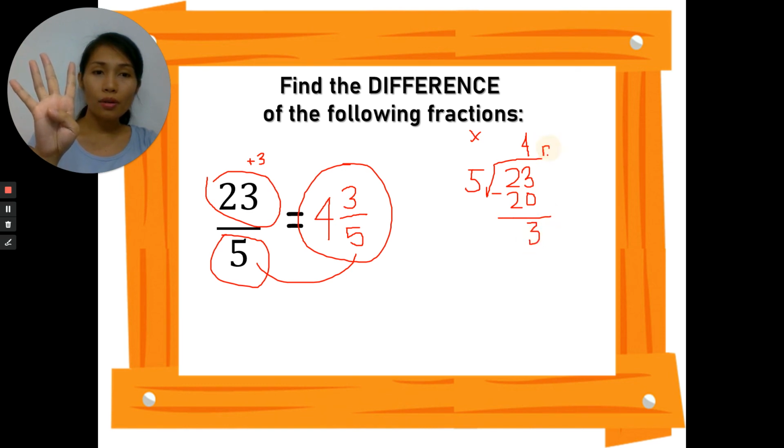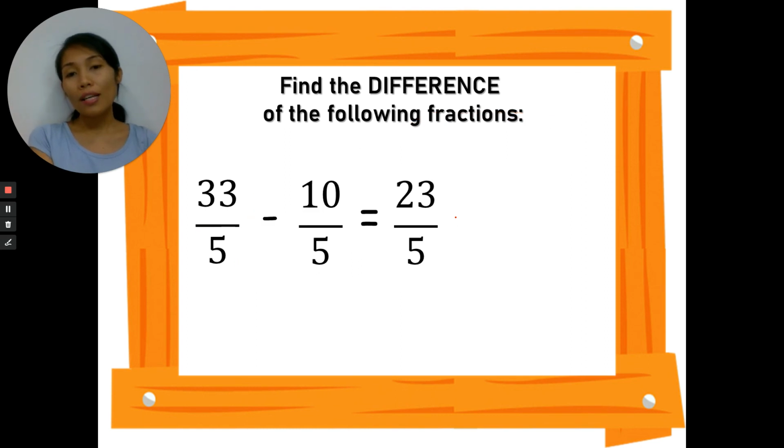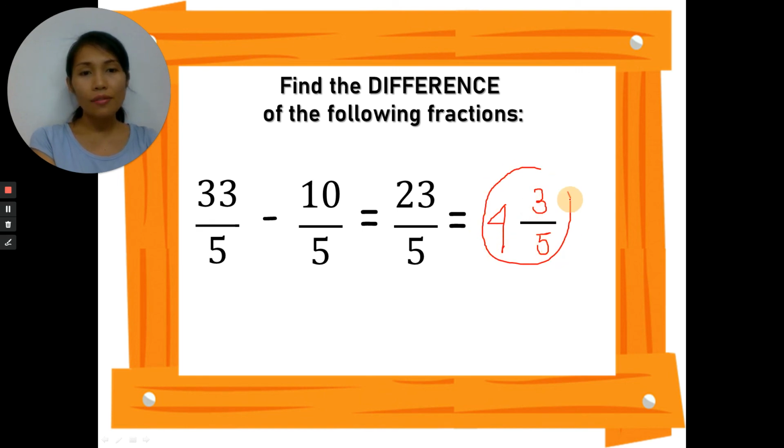So remainder 3. Again, the quotient is our whole number, and then our remainder is our numerator. So we got the same answer. Okay, so that means our answer is 4 and 3/5.